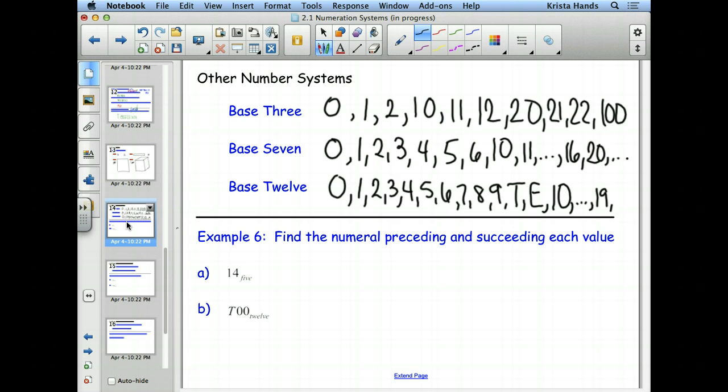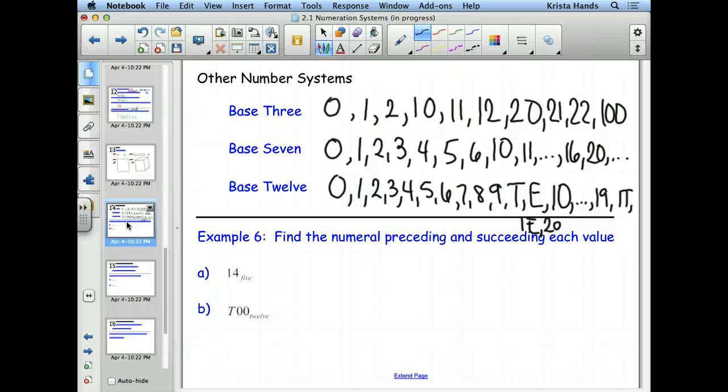The 1 T. 1 T. And then 1 E. And then I would run out of digits and I'd have to go into 2, 0. And then I could go all the way up to 2, 9, 2 T, 2 E, 3, 0. What is the largest base 12 2-digit number? It's EE. Very good.